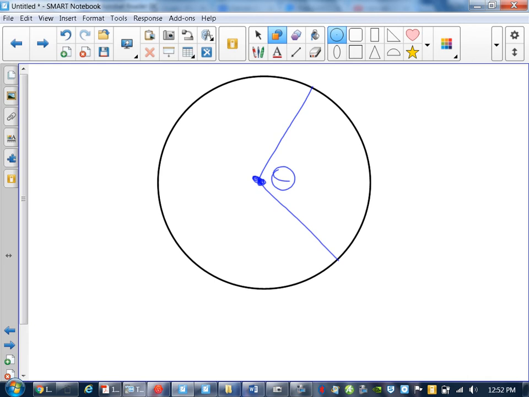I think we first defined what the angle at the center of a circle was called in 10-1. Remember, it was called a central angle. And that's an angle whose vertex is at the center.